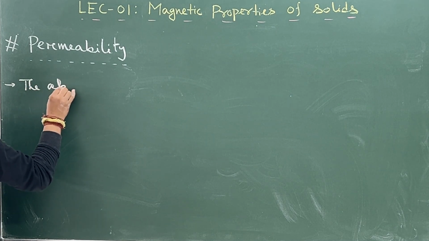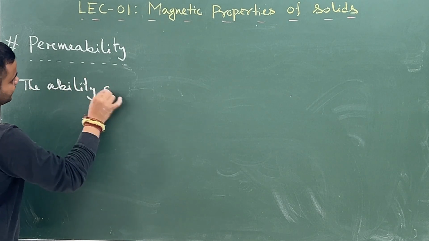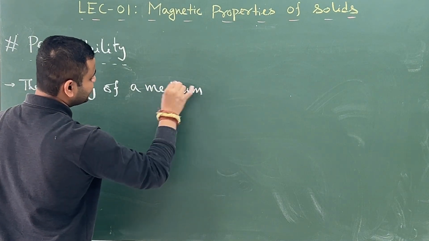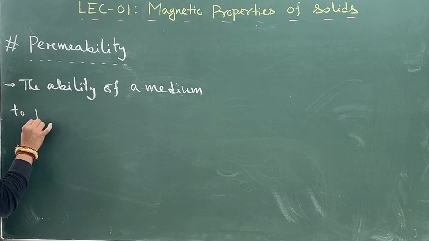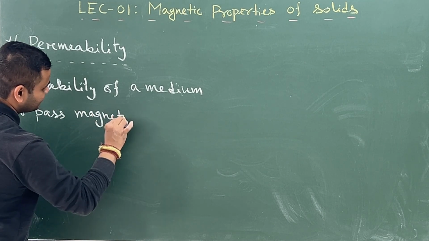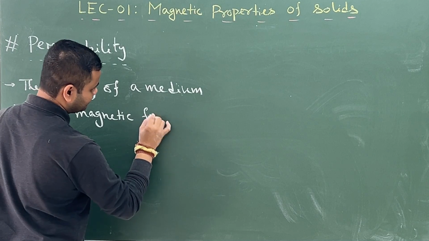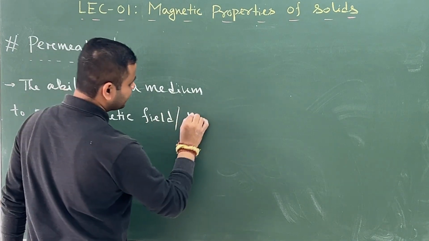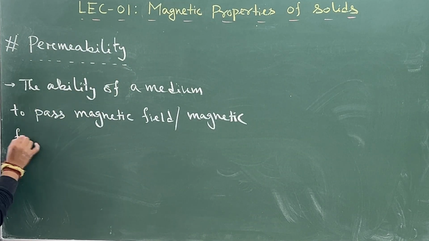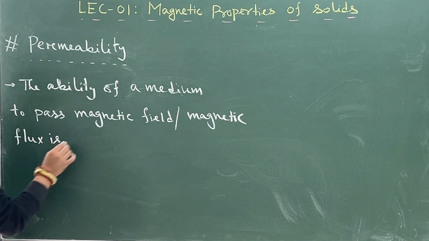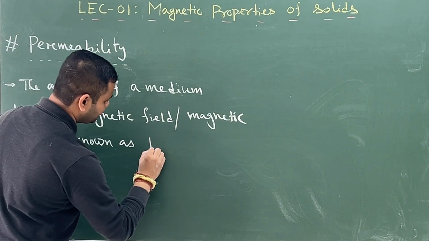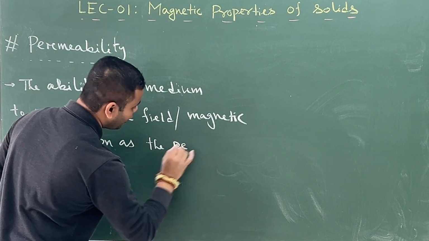The ability of a medium to pass magnetic field or magnetic flux is known as the permeability of that medium.